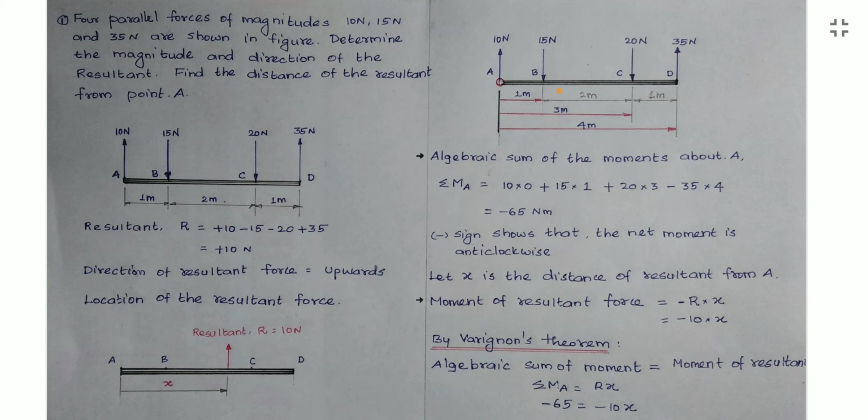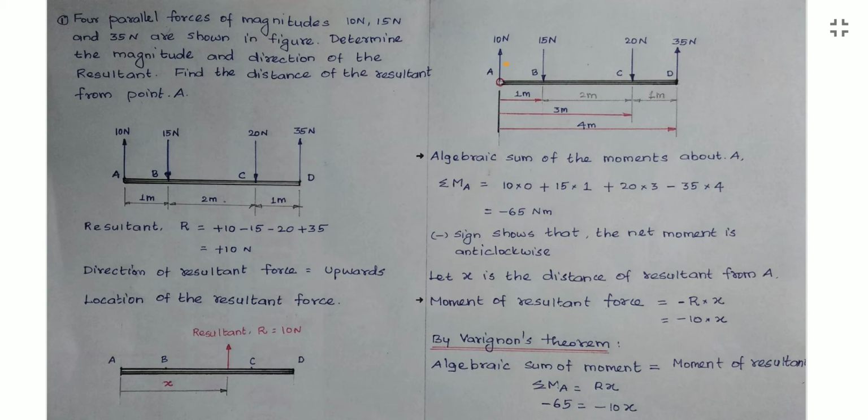If there is a distance, only then will rotation happen. As I am going to find the moment about A, I hinge at A, so the 10 Newton force will not give rotation at all. But the remaining 15, 20 and 35 Newton forces will rotate the bar. Okay, we are going to add all these rotations.